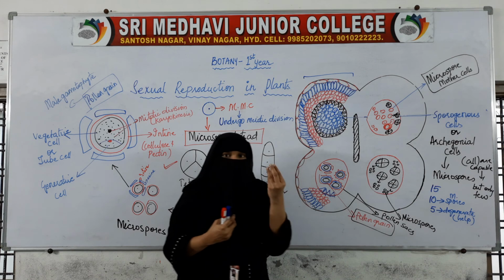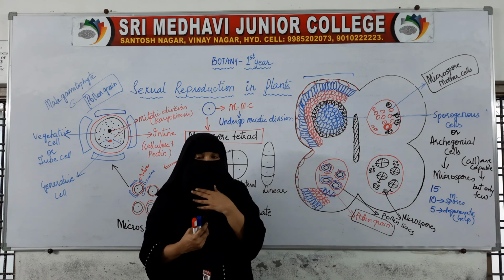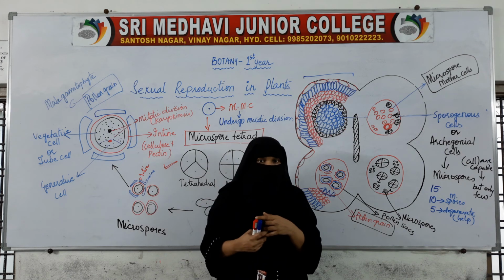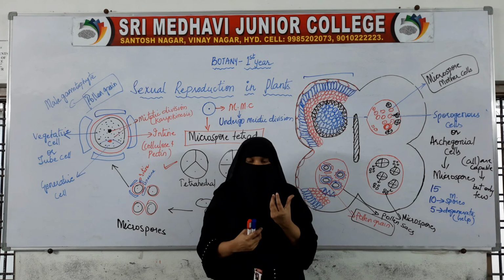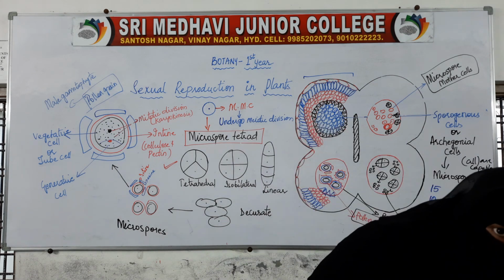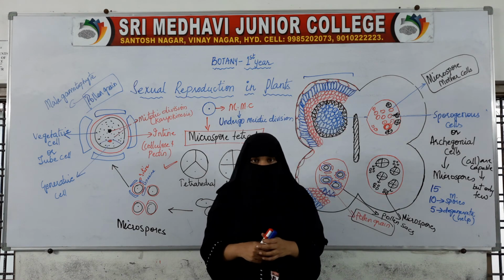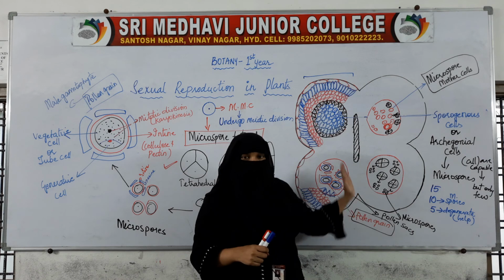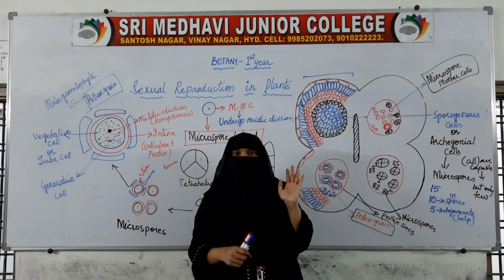Now microspores have grown 2 extra layers around them. The inside layer is intine and the outside layer is exine. So a microspore with these 2 layers, intine and exine, is called a pollen grain. Till now we have seen this. Now how the pollen grain produces male gametes, we will see in the next video.